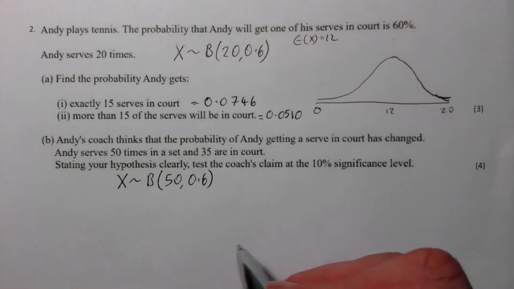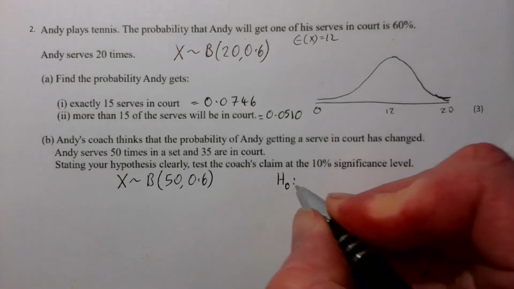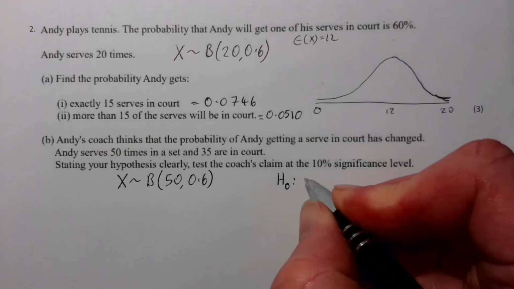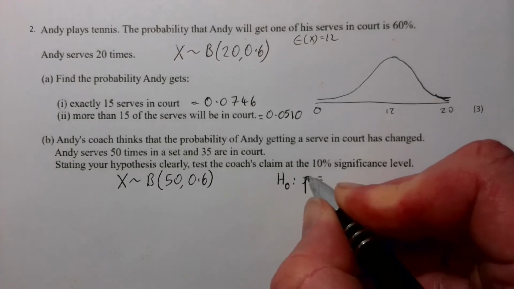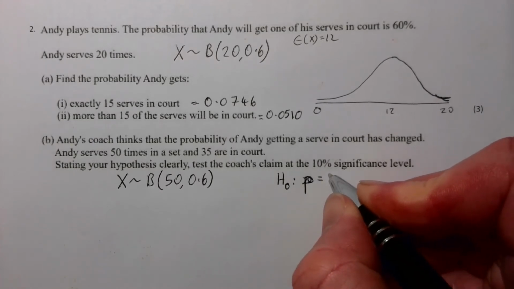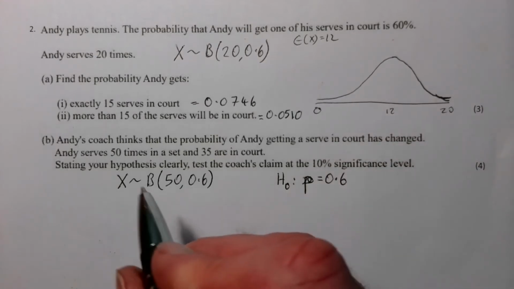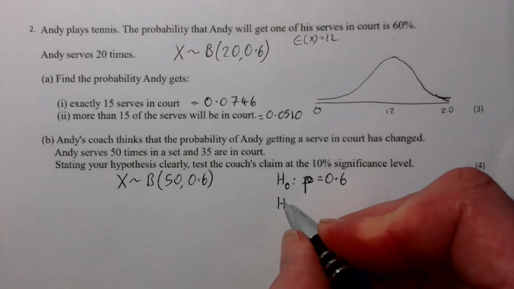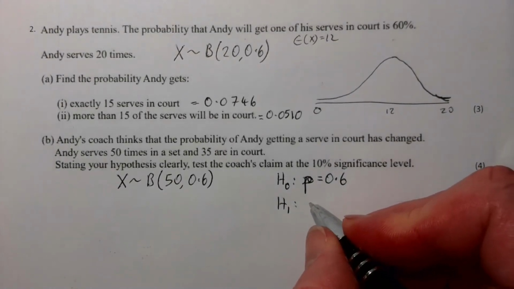The first hypothesis is the null hypothesis, which means that nothing has changed, and that's going to be that the probability is equal to 0.6. And Andy's coach hasn't said that he thinks it's got better or worse, he just says he reckons it's changed.